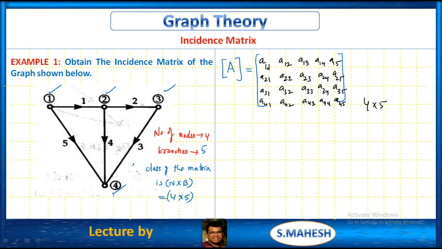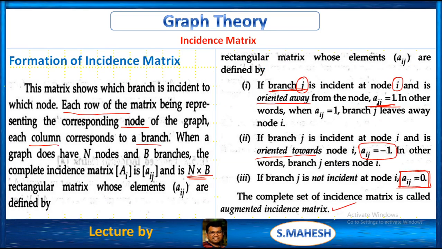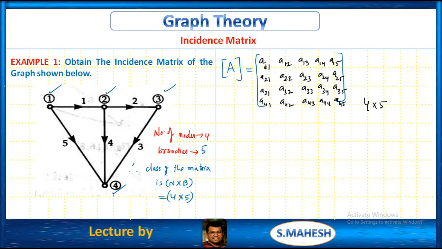So from this, how can we get A11? In Aij, the first suffix i represents the node and the second suffix j represents the branch.